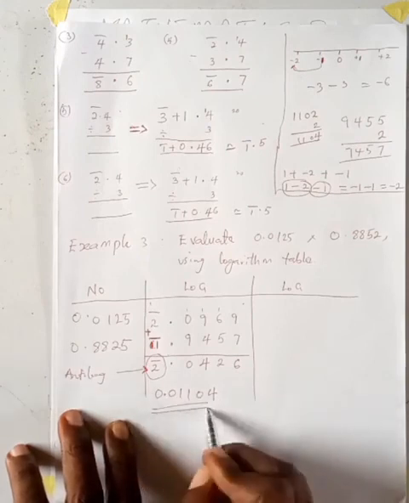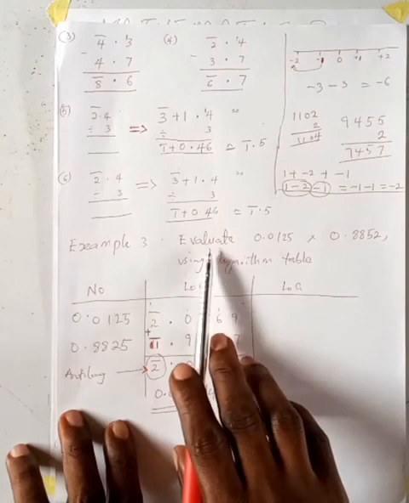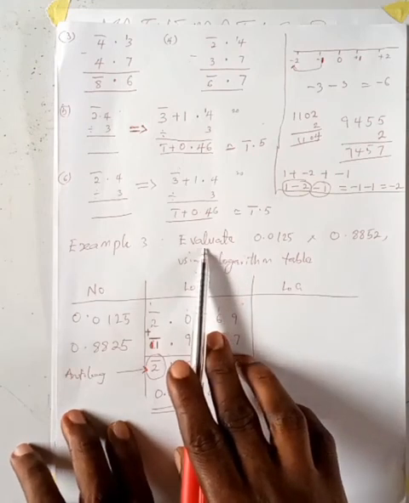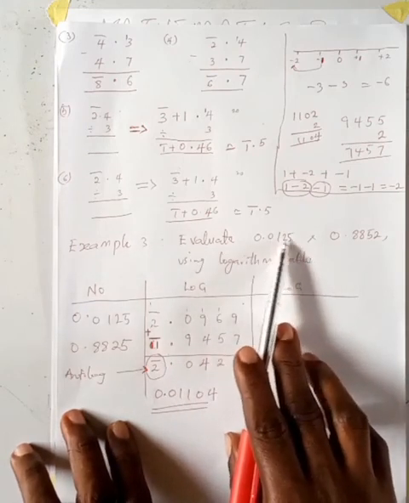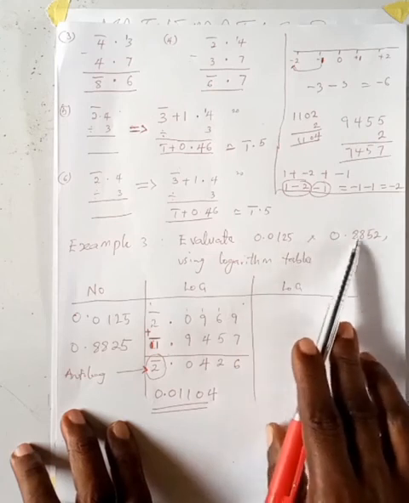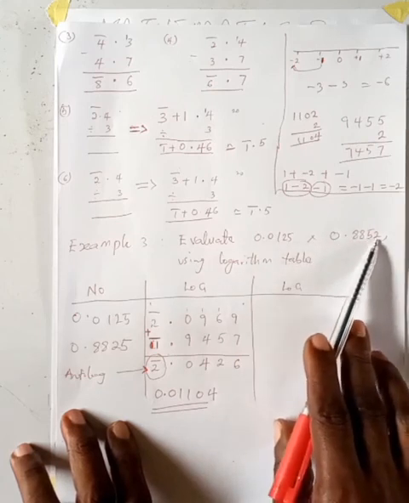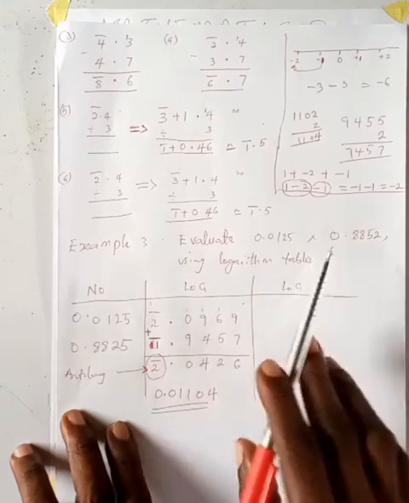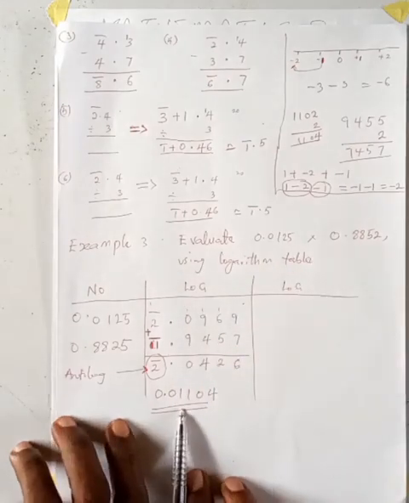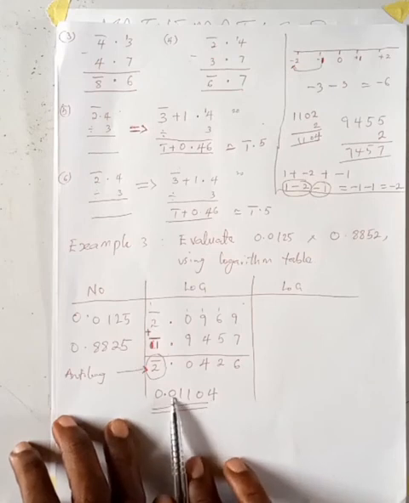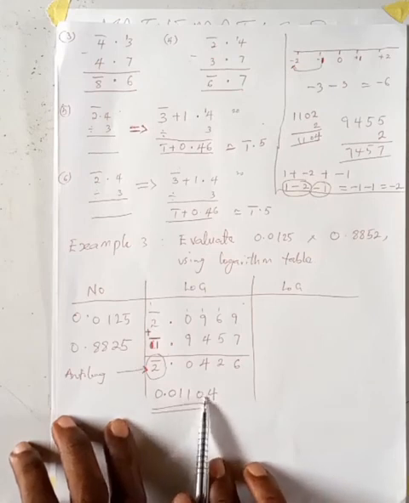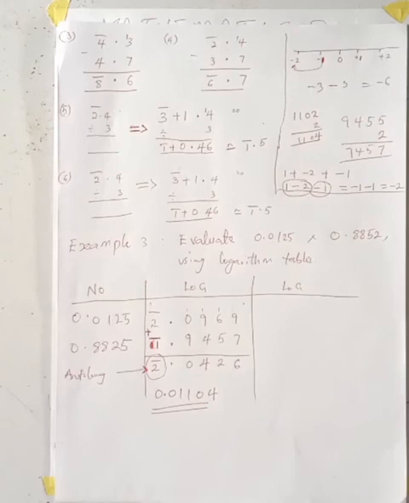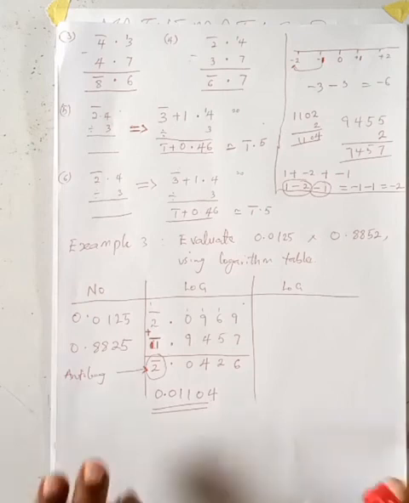And this is a complete solution to the question we required us to evaluate 0.0125 times 0.8852. So when that is multiplied using the logarithm table, the result which we are going to arrive at is 0.01104. Now, to conclude this class, we also have to solve one more question.